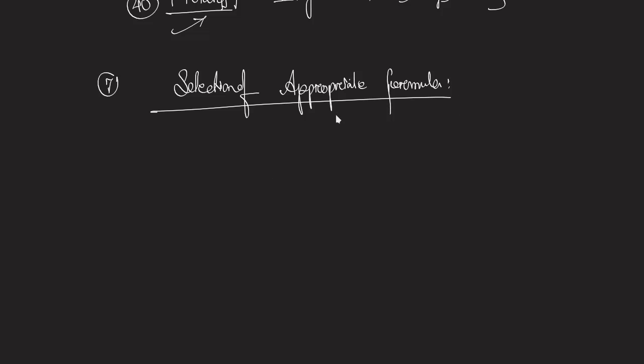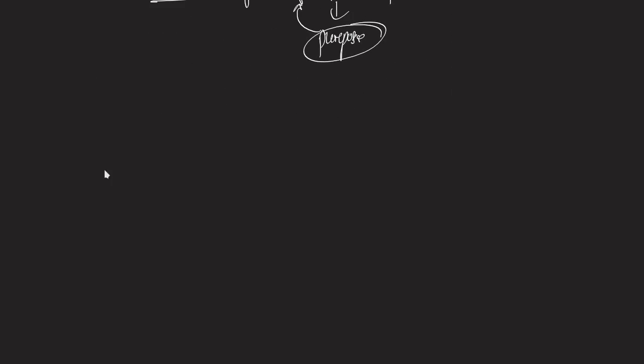So this is directly related to purpose. Depending on your purpose, you have to select the appropriate formula, defining which formula would be best for this purpose. So the points that we should remember: number 1 is purpose.